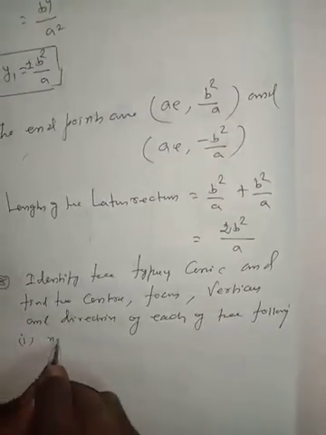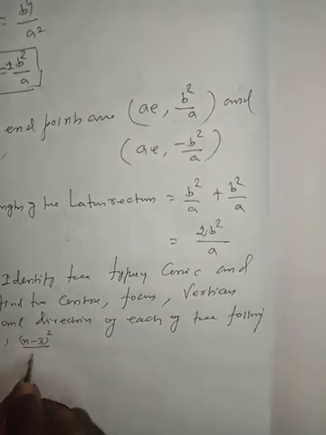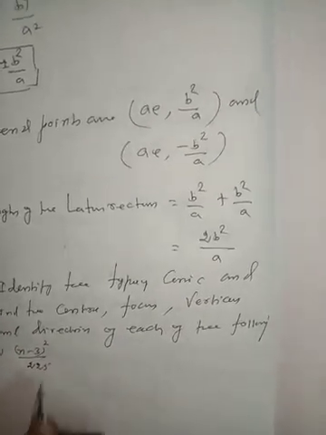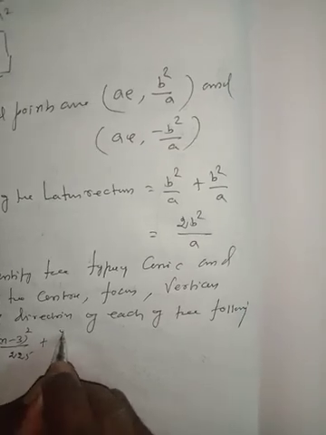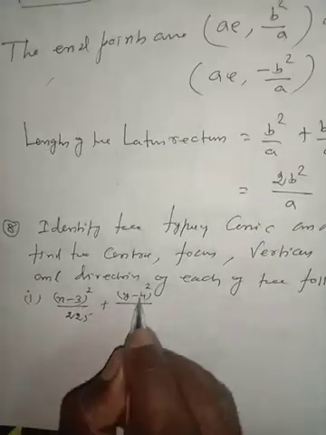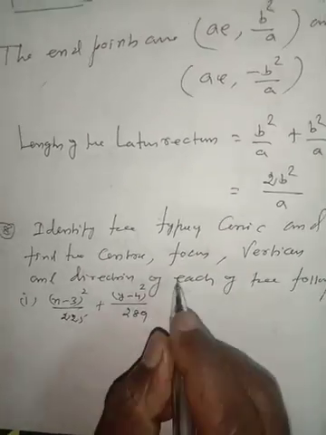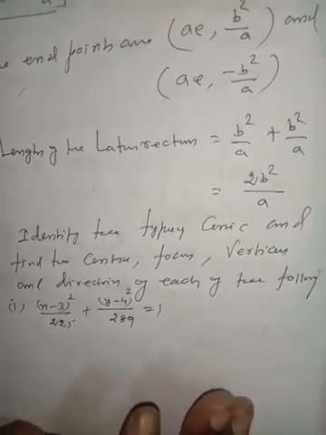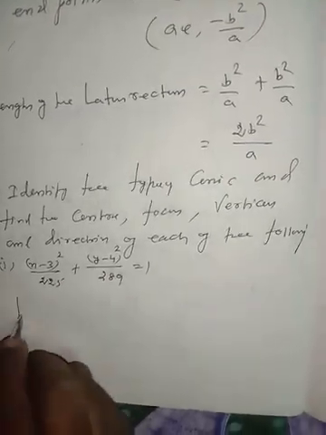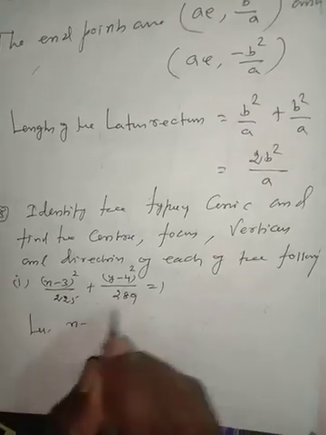(x minus 3) whole square divided by 225 plus (y minus 4) whole square divided by 289 is equal to 1. Here, let the given equation be this. This is an ellipse equation.